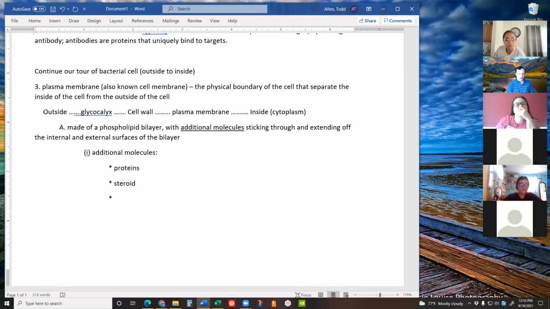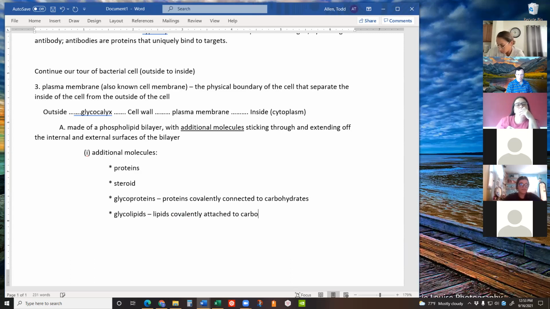You can sometimes find glycoproteins. These are proteins covalently connected to carbohydrate molecules. You will also find glycolipids. These are lipids covalently attached to carbohydrates.